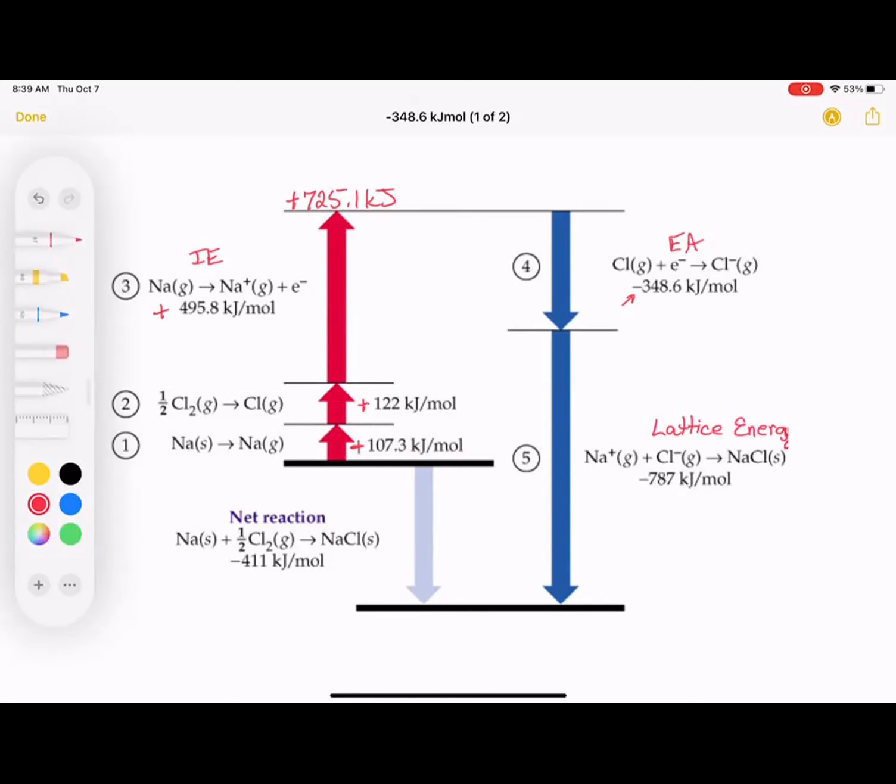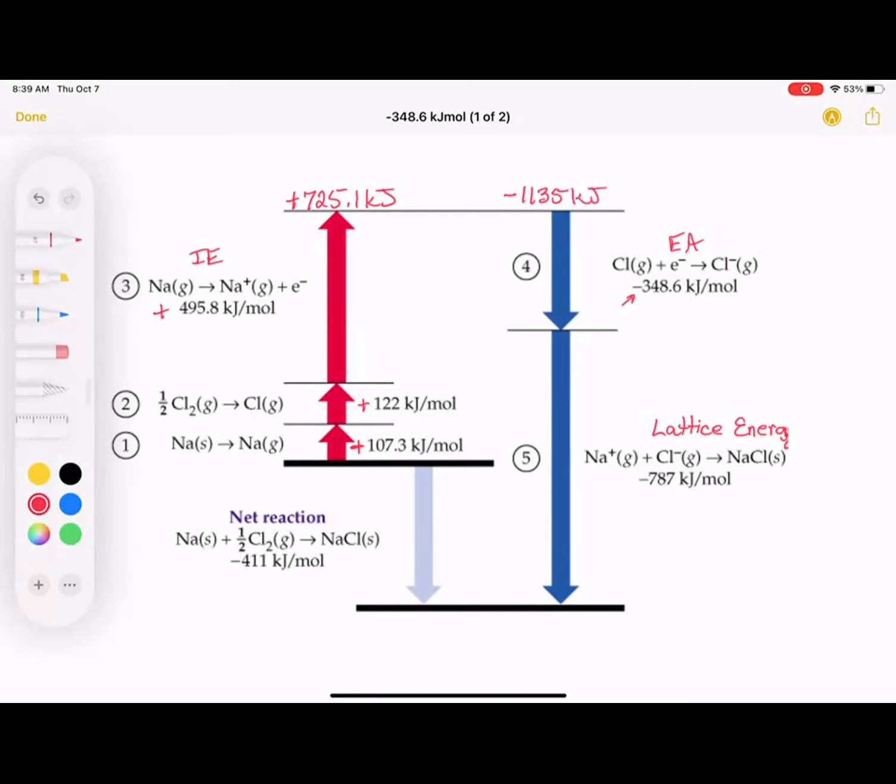Now, if you look at the lattice energy, and you add it to the electron affinity, this process has a negative 1,135 kilojoules of energy.